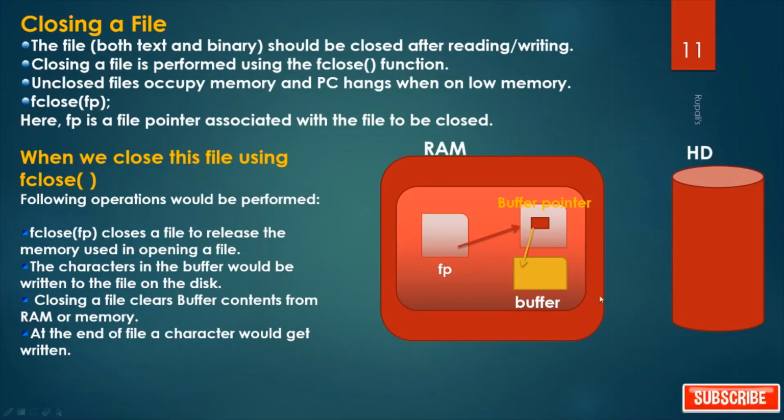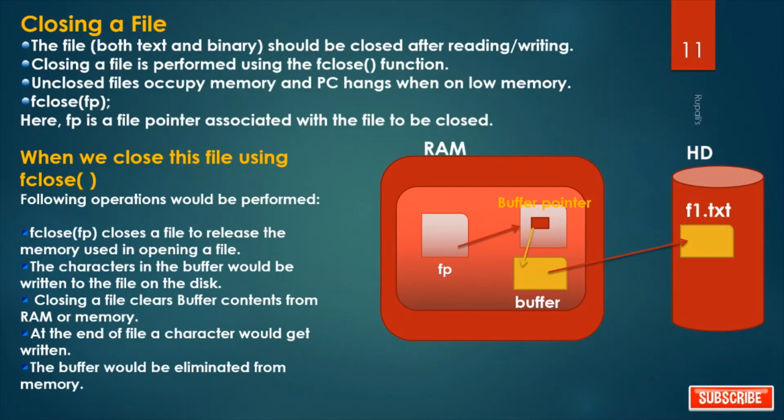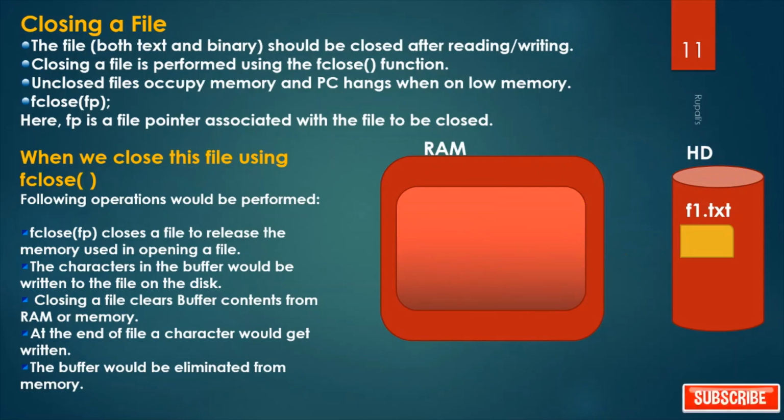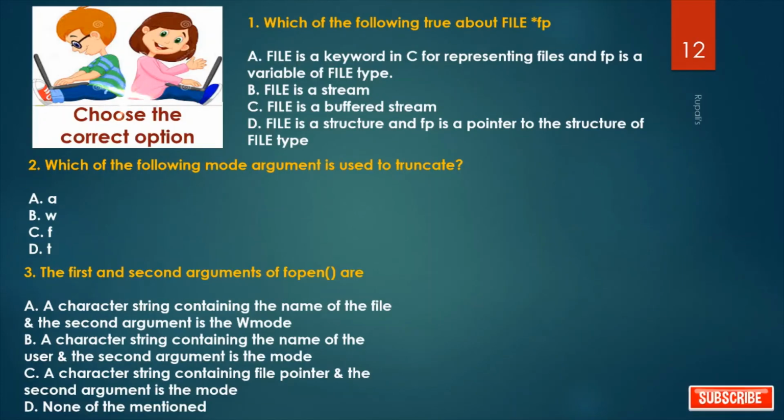So now our file is here in the buffer. Now when we close by fclose, the buffer would be eliminated from the memory and it frees the link used by the particular file and the associated buffers, so that these are available for other files.